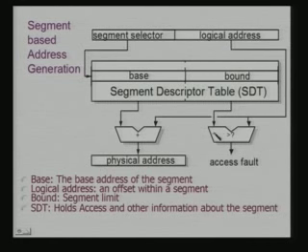If it exceeds the bound, then there will be an access fault. This is an exception. We had earlier discussed interrupts and exceptions. This is an internally generated exception which is to be handled by the operating system. So, this mechanism ensures that each segment is clearly separated out and you cannot access beyond the segment boundary.